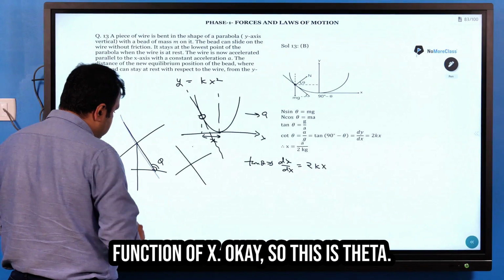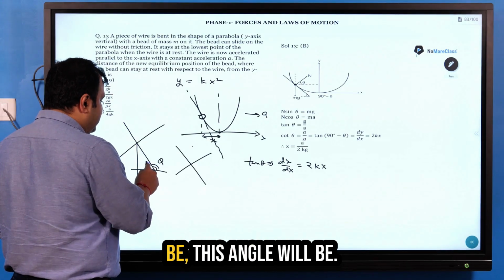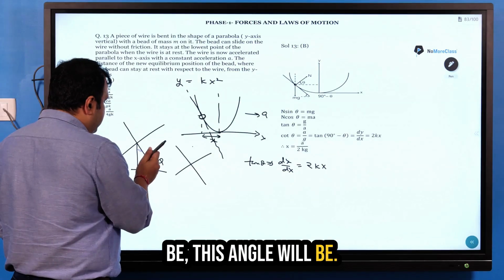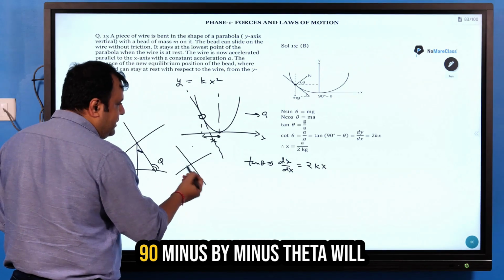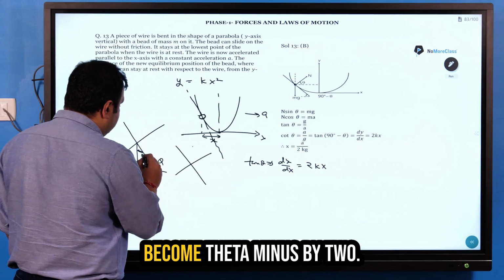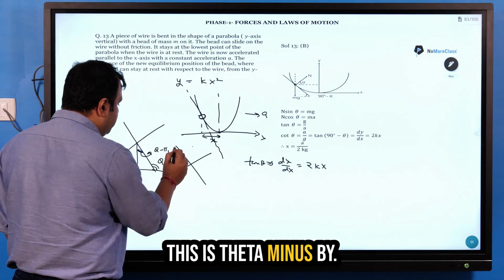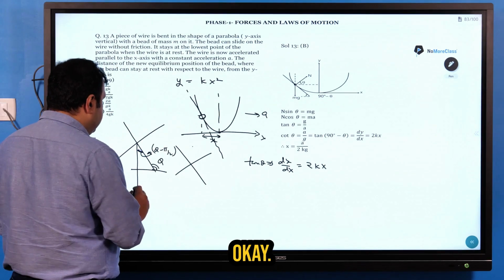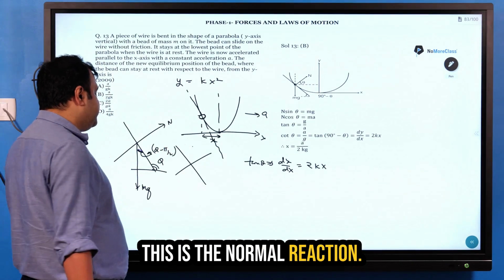Okay. So this is theta, and this angle will be pi minus theta. Then 90 minus (pi minus theta) becomes theta minus pi by 2. So mg is acting downward. This is the normal reaction.